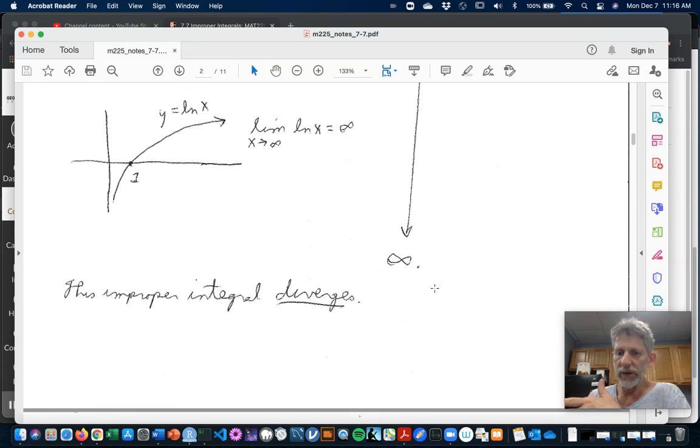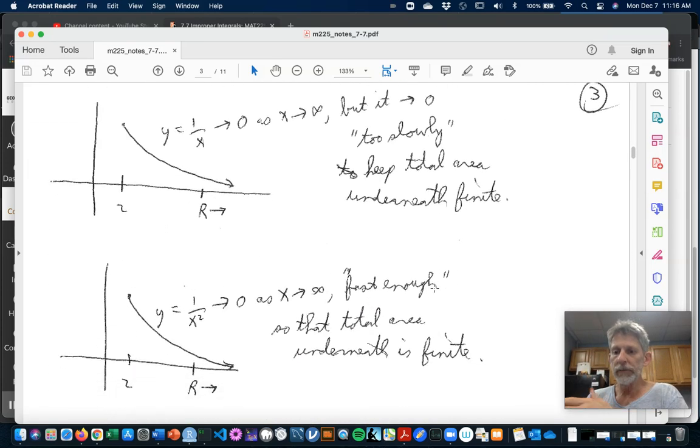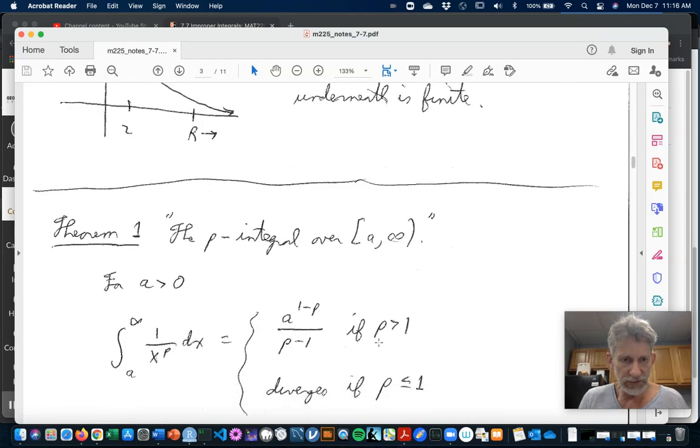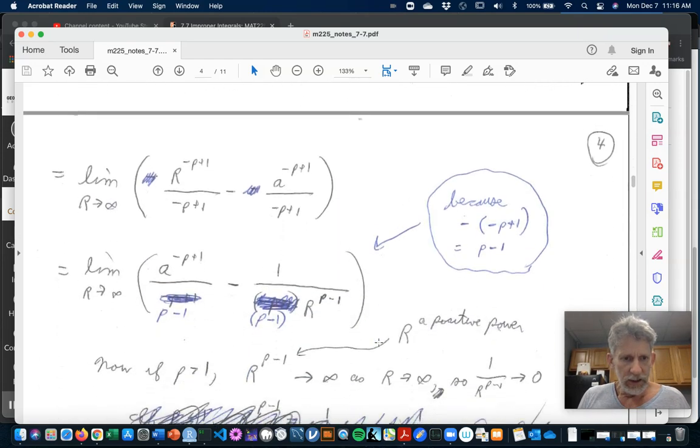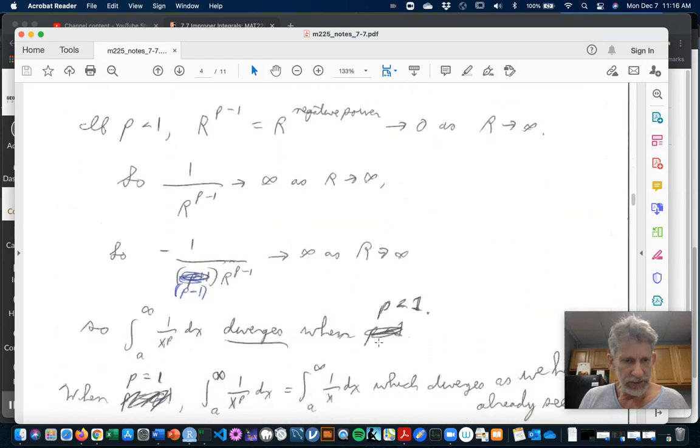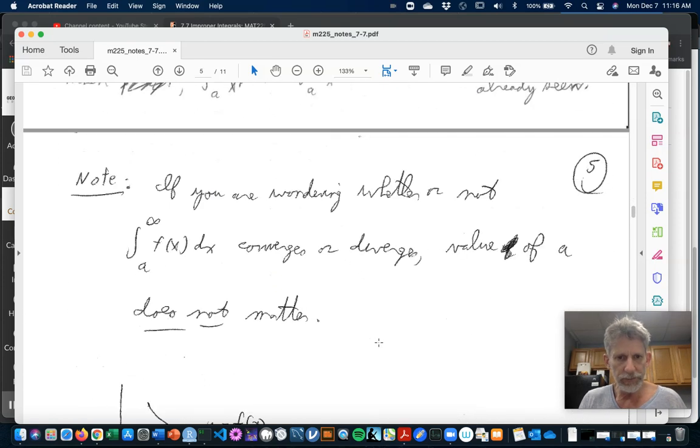You'll see this with improper integrals all the time. It doesn't matter what real number you start at on the left. In terms of convergence, it only matters what's going on with the r going to infinity, as far as whether there's convergence or divergence. Okay, so let's get past the proof here.